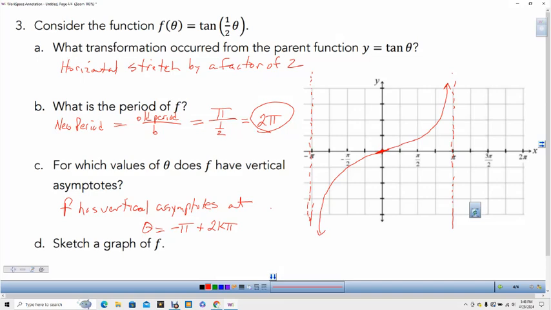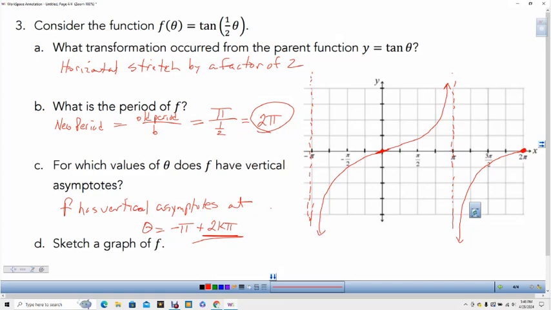Remember, every one of these key points is going to occur that often. So if we wanted another center point to draw another period of this, we could go over here to 2 pi. There's my center point. Now, I don't have anything over here to draw because I'm running out of space, but I can still draw half of that period. So that would be a sketch of f.